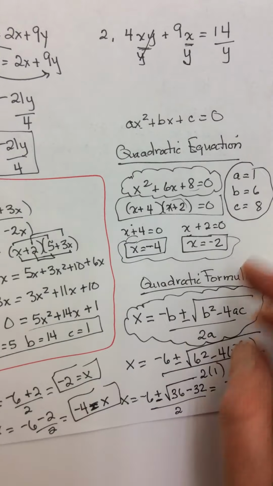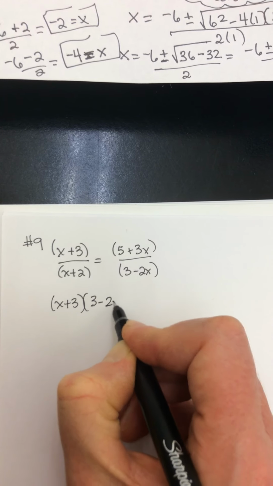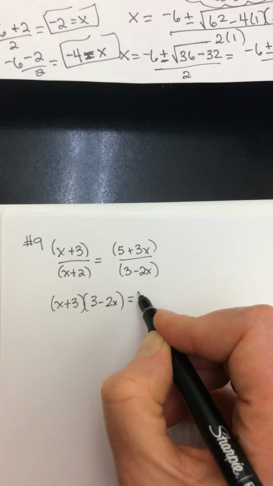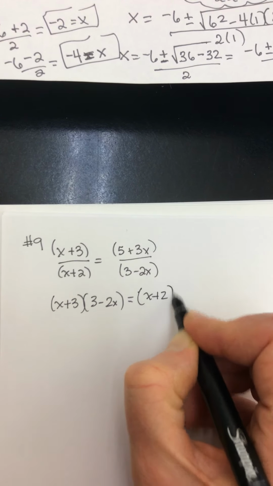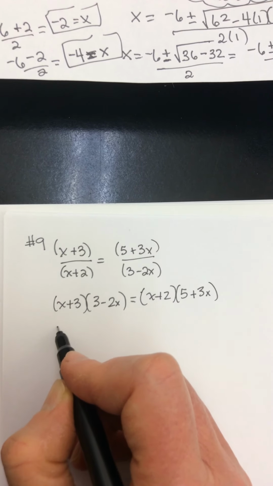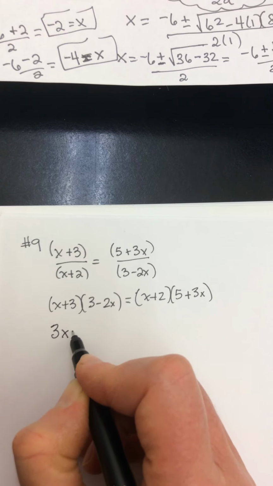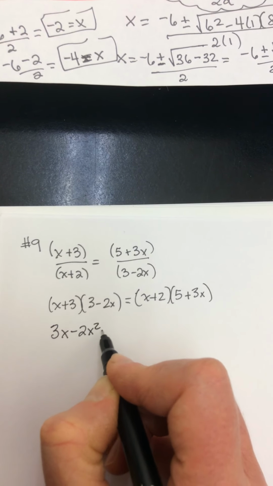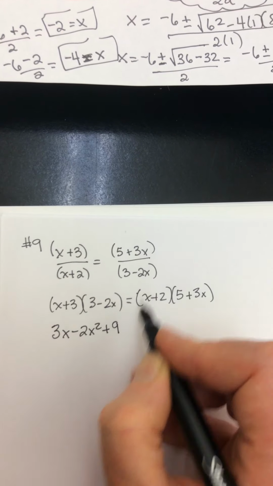Okay, so if we go back then to number 9, we had cross multiplied, so we had x plus 3, 3 minus 2x is equal to x plus 2, 5 plus 3x. And now you're going to cross multiply and get 3x minus 2x squared plus 9.